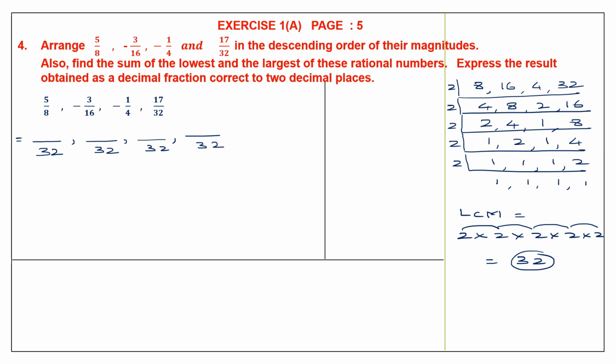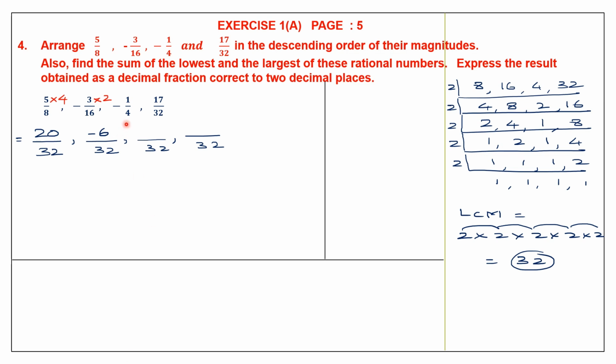Now we're going to find the numerators. So look at the denominator 8. 8 4s are 32. So we multiply 5 into 4. 5 times 4 is 20. Second fraction, 16 times 2 is 32. So negative 3 into 2 is negative 6.